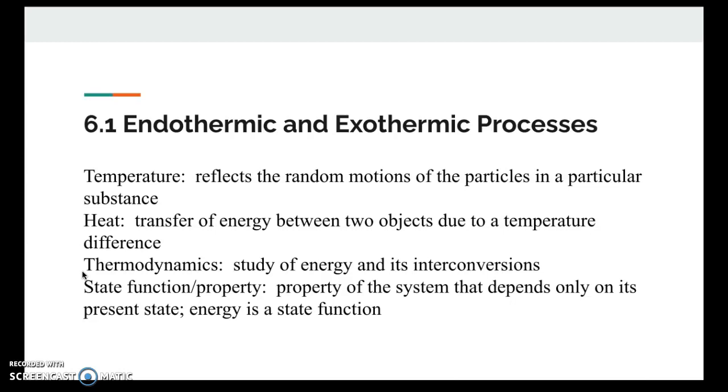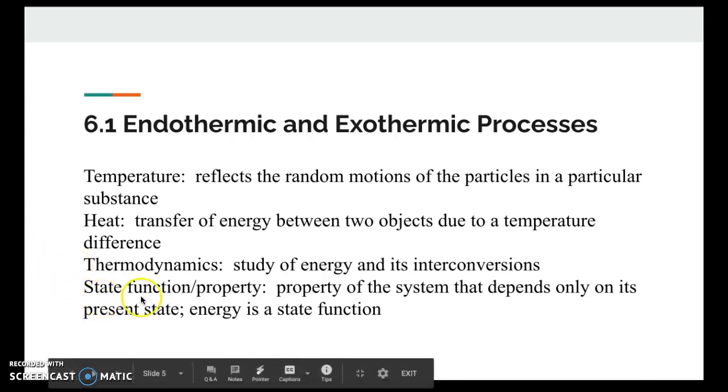The only thing you worry about for a state function is where you started, where that property ended, and the difference between those two points. It doesn't matter how it got there.